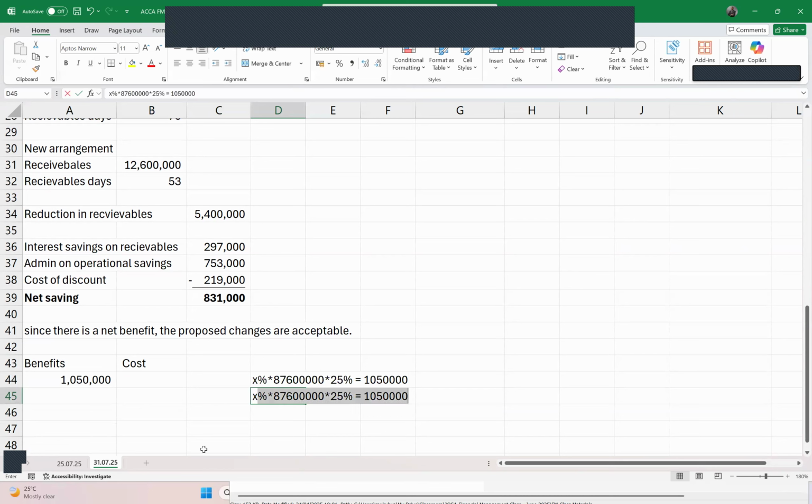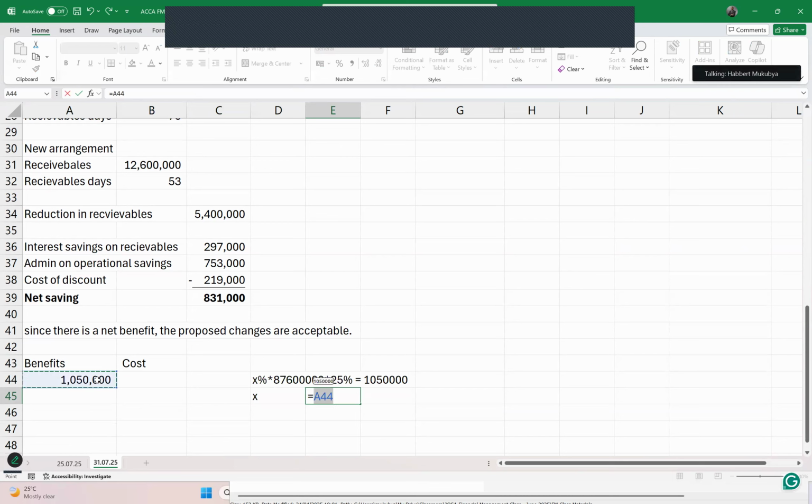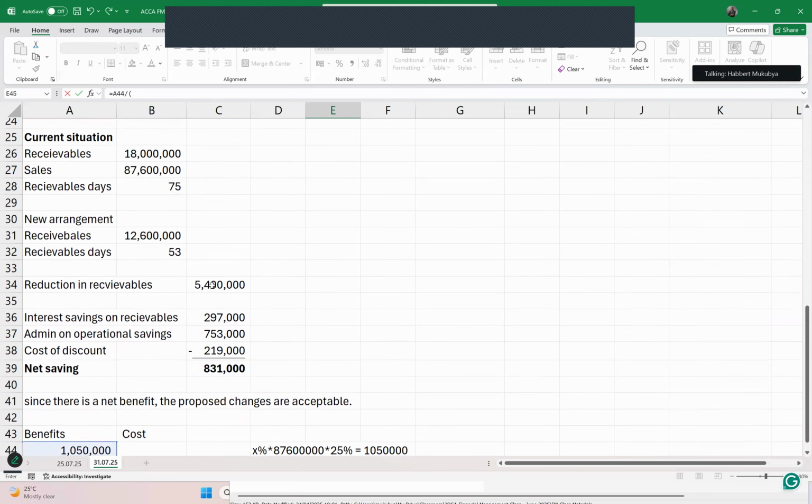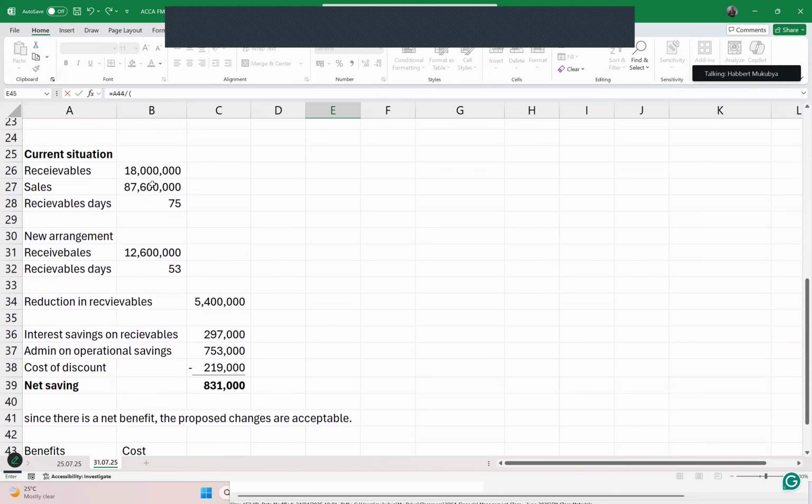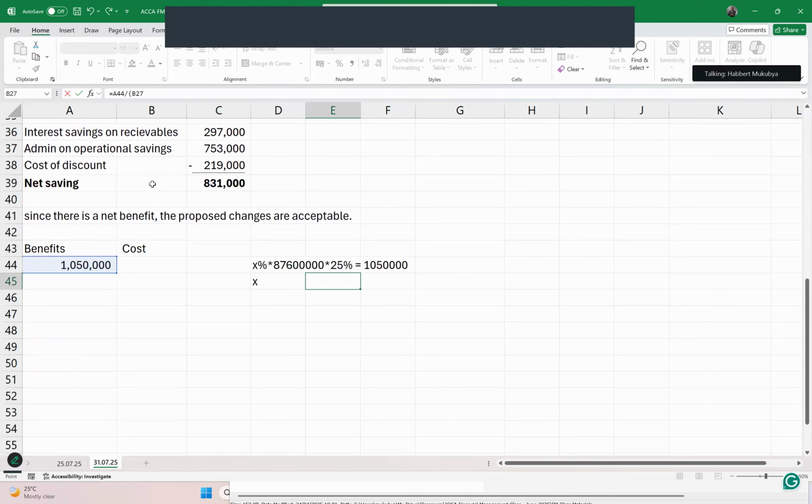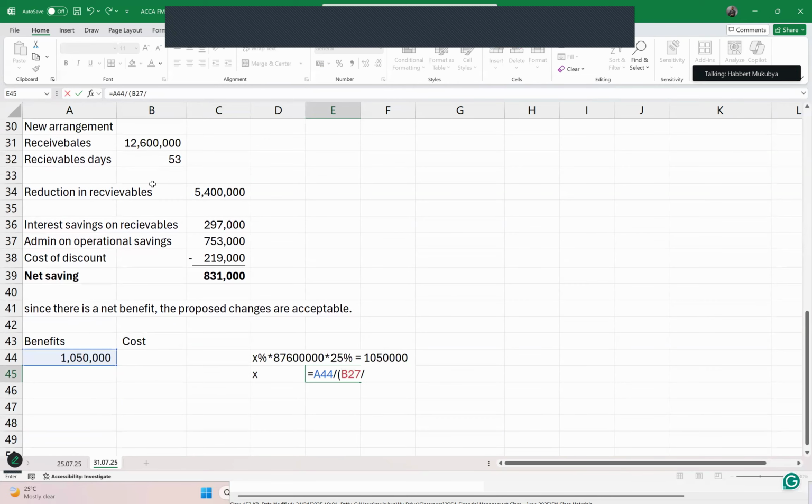Therefore, X will be equal to 1,050,000 divided by the revenue, divided by 25%.